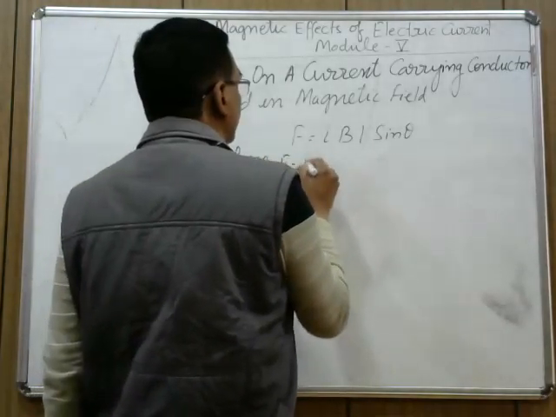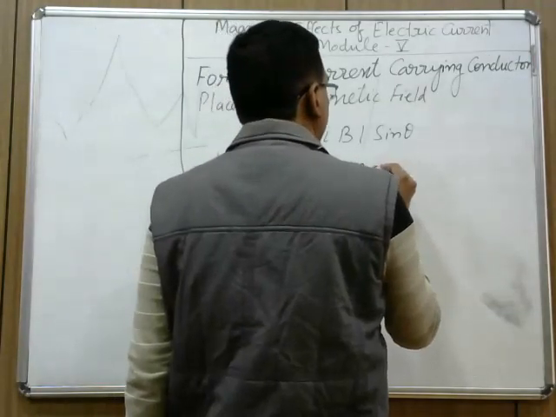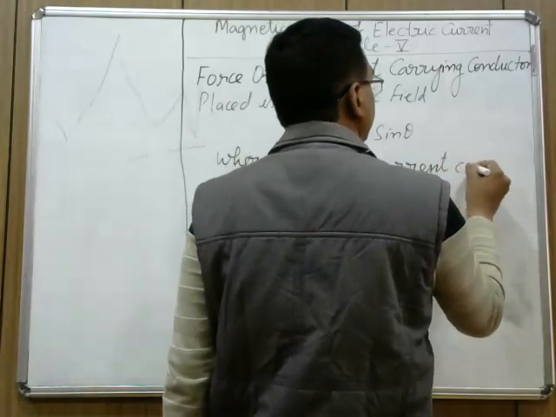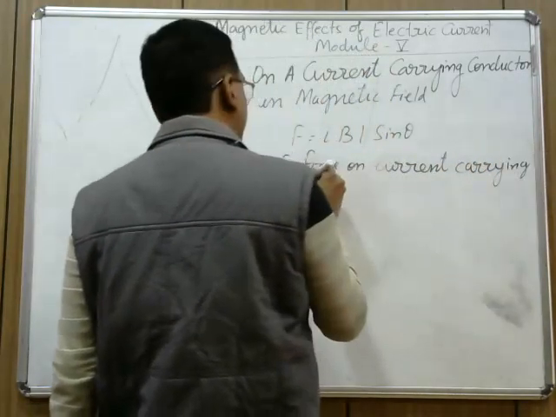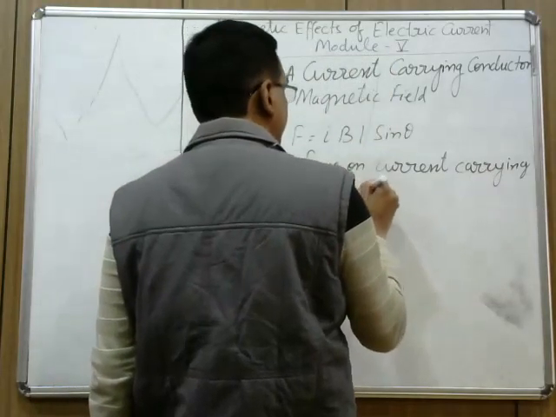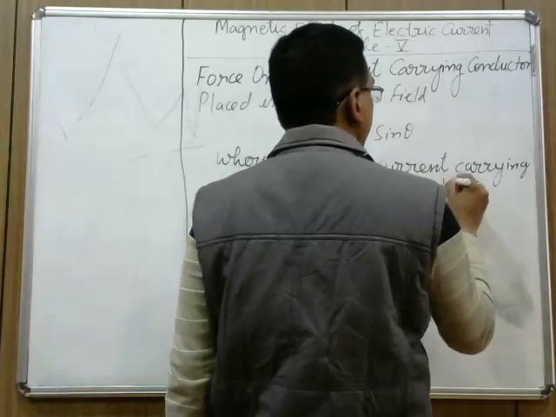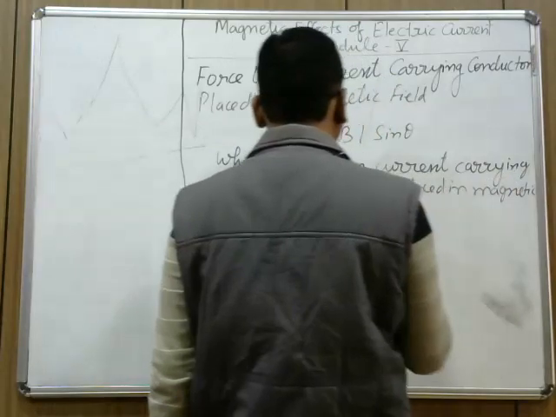F is force on current carrying conductor placed in magnetic field.